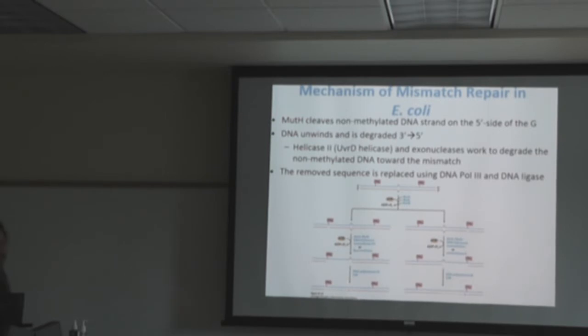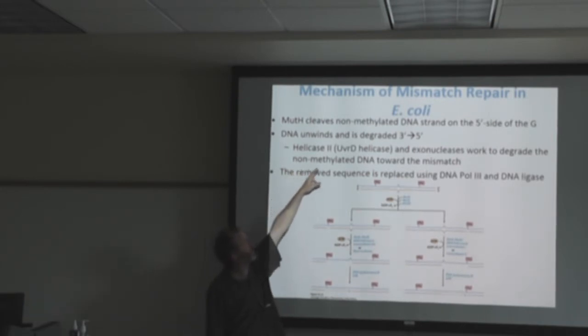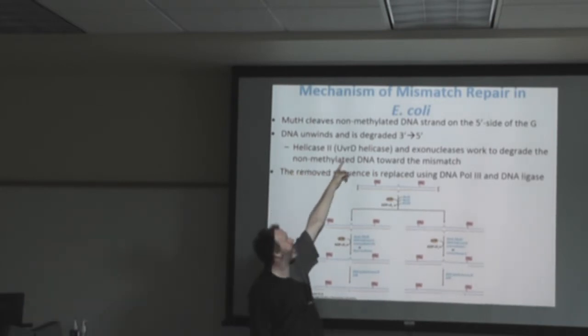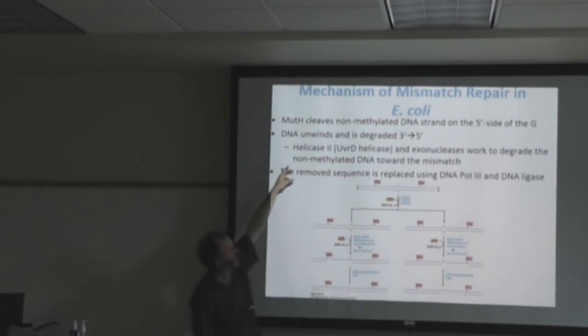MutH cleaves the non-methylated DNA strand on the 5' side of the G. DNA will unwind and is degraded by 3' to 5' exonuclease, and then helicase II, known as UvrD helicase, and exonucleases will work to degrade the non-methylated DNA toward the mismatch.